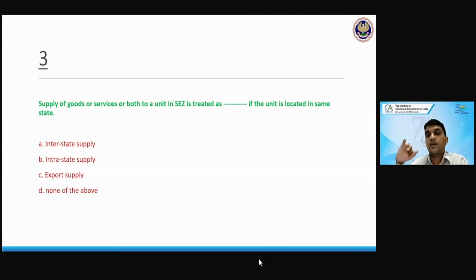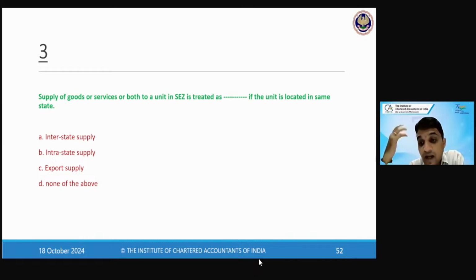Supply from any person supplying to SEZ is a zero rated supply. But supply from one SEZ to another SEZ which are in the same state, what will be the supply?